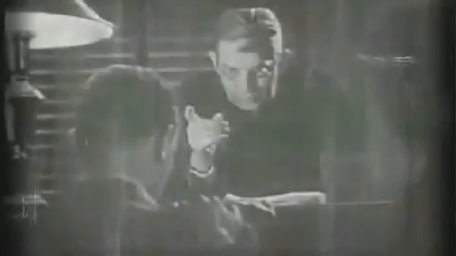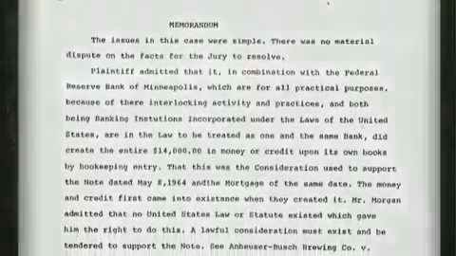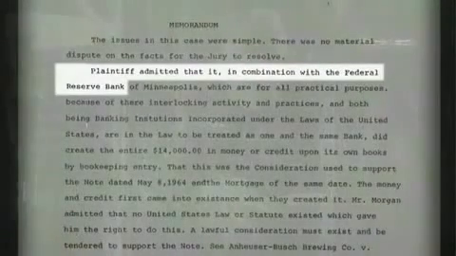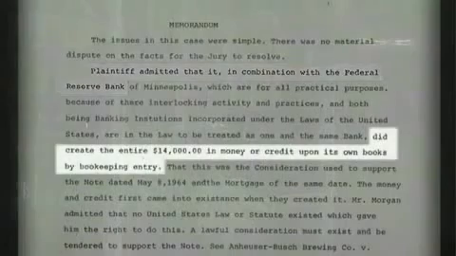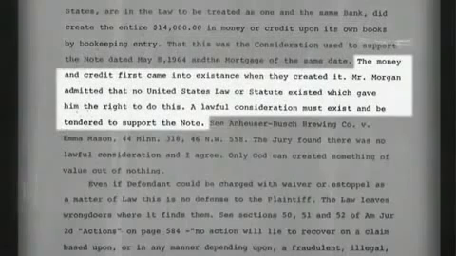As the court case progressed, the bank's president, Mr. Morgan, took the stand, and in the judge's personal memorandum, he recalled that the plaintiff, the bank's president, admitted that the bank, in combination with the Federal Reserve Bank, did create the money and credit upon its books by bookkeeping entry. The money and credit first came into existence when they created it. Mr. Morgan admitted that no United States law or statute existed which gave him the right to do this.